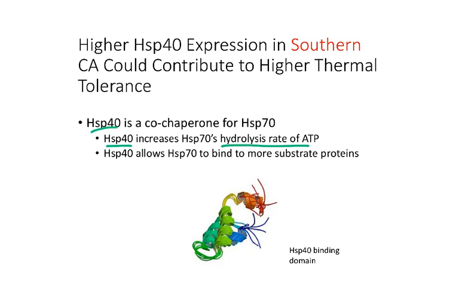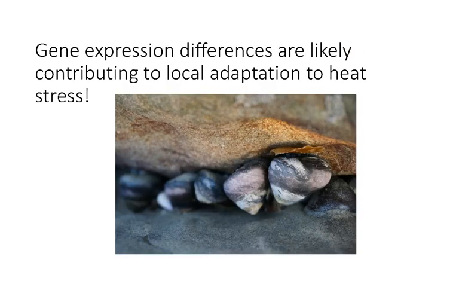HSP40 also allows HSP70 to bind to more substrate proteins. So HSP40 essentially expands the range of proteins that HSP70 can help to refold back to their natural conformation. So we think this higher expression of HSP40 is helping to increase the thermal tolerance of Southern California individuals by increasing the rate and efficiency and range of proteins that HSP70 can help refold under these high temperature conditions.